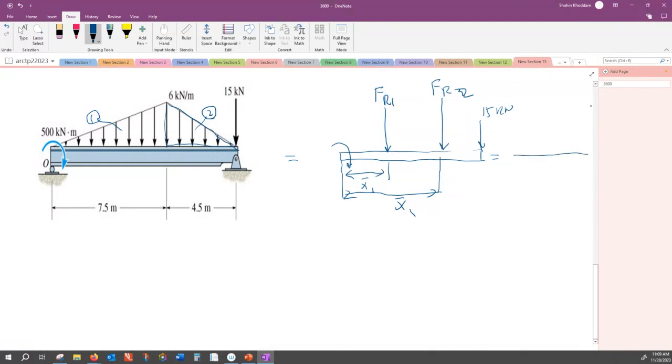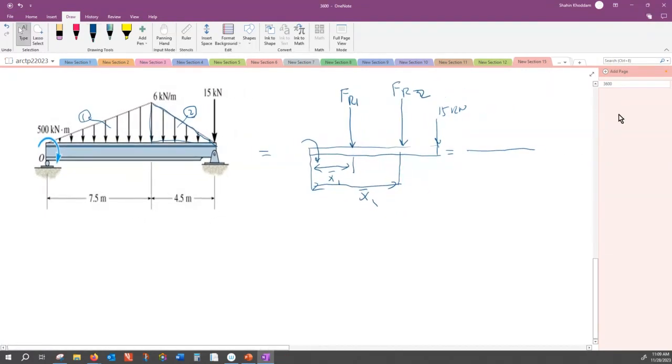That is a beam which has one single FR and one single line of action. Of course, these loads are as they are. Okay, I've got the big picture. The big picture is clear. Let's do the calculation.